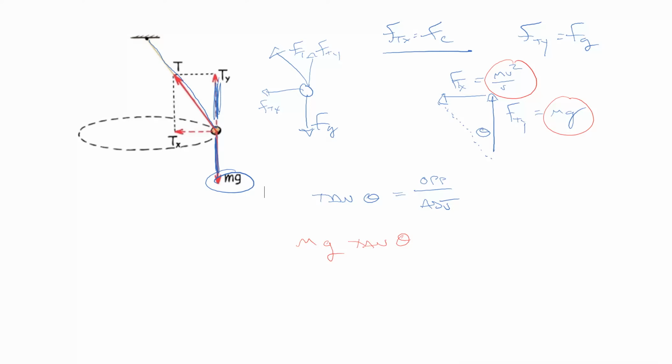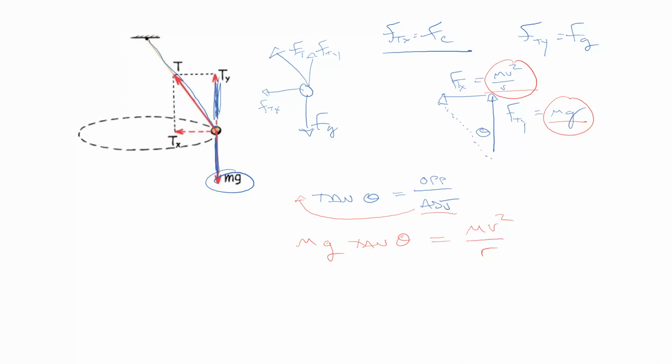I just took the adjacent component, which was mg, and moved it over here, is equal to the opposite, which is mv squared over r. So we insert our known values for F sub t in y and F sub g. This is what our equation is going to look like.